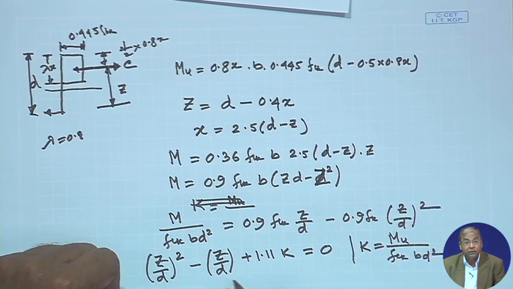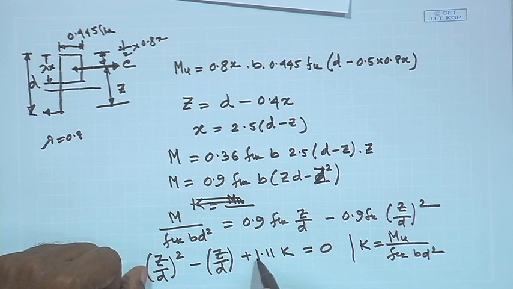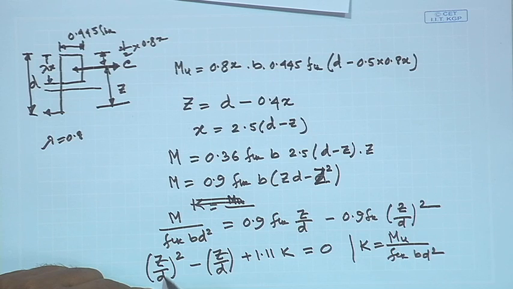So, we can find out here what I mean to say. Earlier we had 1.11 K, and then we can get this one Z by D whole square.